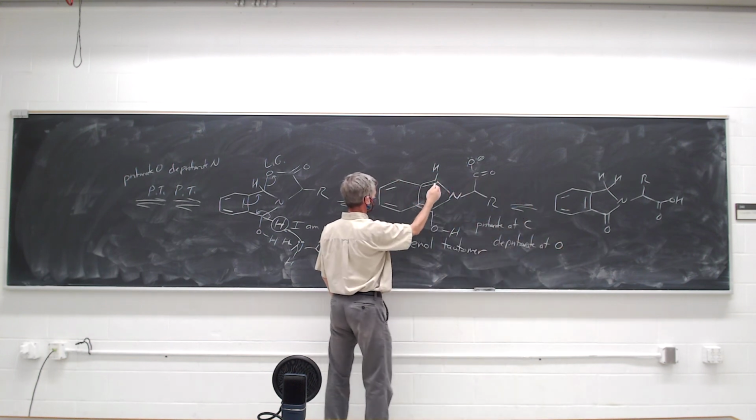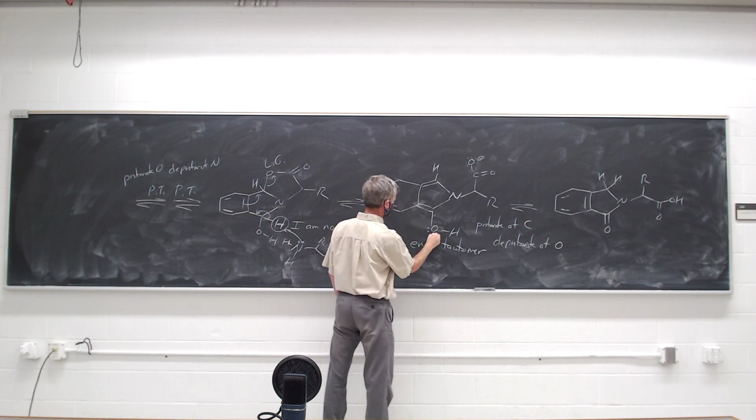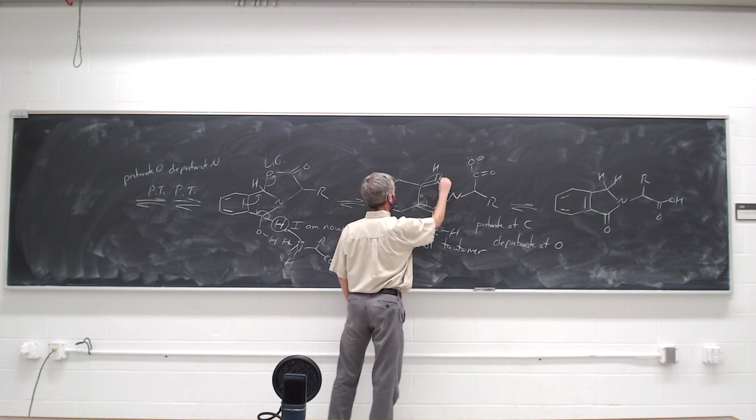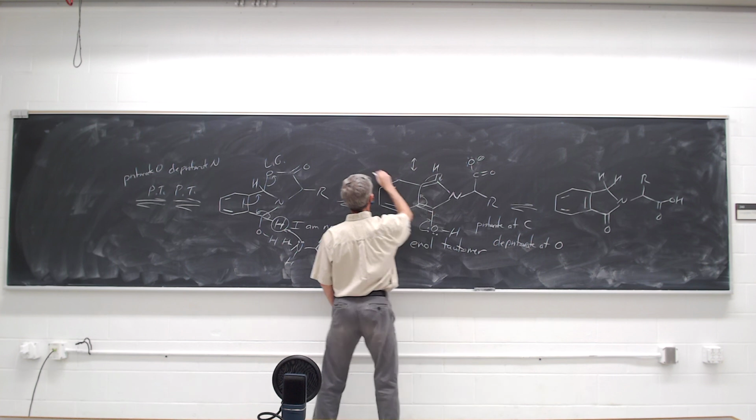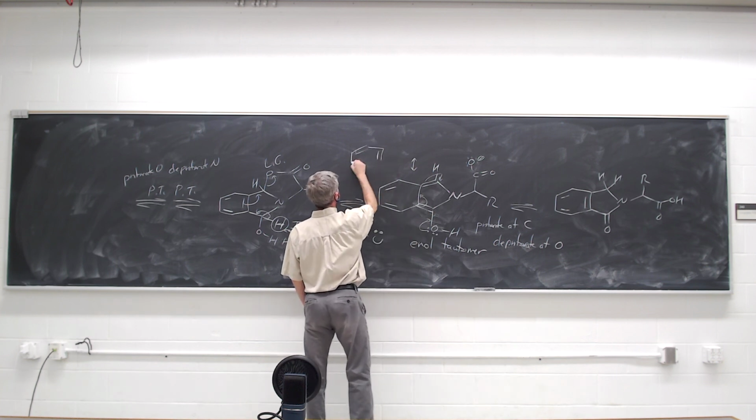So we take this proton here, that puts a positive charge there, this pair of electrons can flow through. You can actually write a minor resonance structure for this. It looks like that.